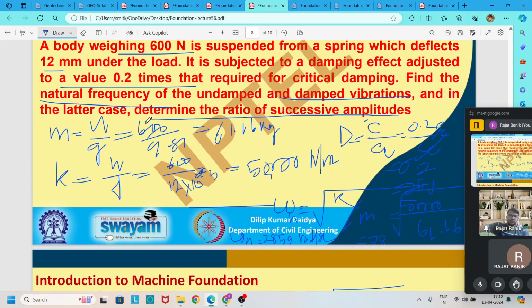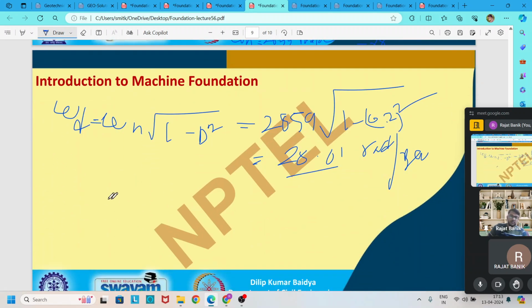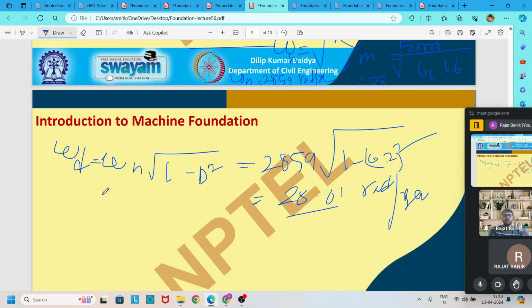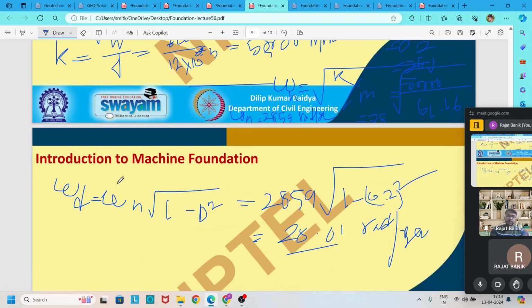So I think this concept is not completed here. In the upcoming lectures, we can complete it. So for solving the question, we use one term which is called logarithmic decrement. So in logarithmic decrement, we have to find out the damping ratio.